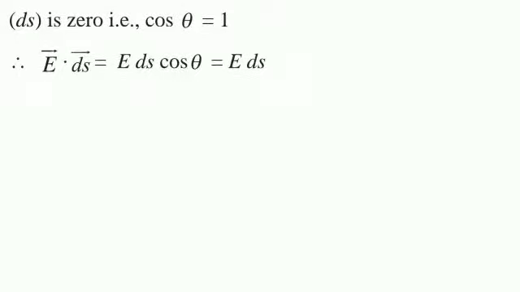Now see, therefore, let's consider the right hand side of equation number 1, that is vector E dot vector ds. If we take the magnitude, it will be E ds cos theta. As we know cos 0 is 1, so finally we get E ds.